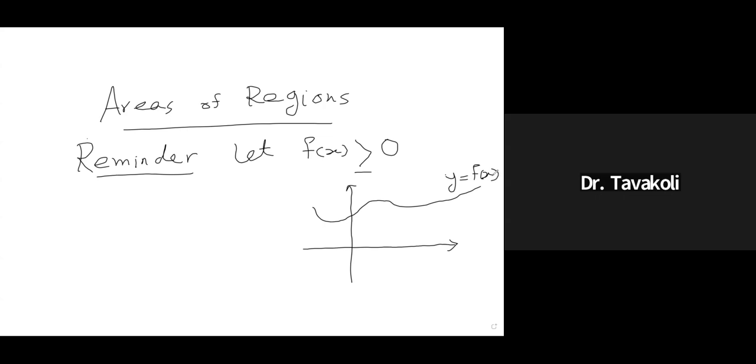For a function like this, where f of x is more than or equal to 0, if we integrate over the interval from a to b, suppose a is here and b is here, the integral from a to b of f of x dx gives us the area of the region, which is bounded on the left by this vertical line, on the right by this vertical line, from the bottom by the x-axis, and from the top by the graph of f of x.